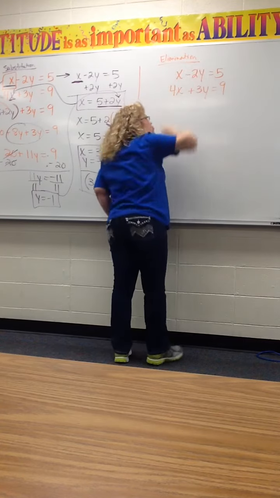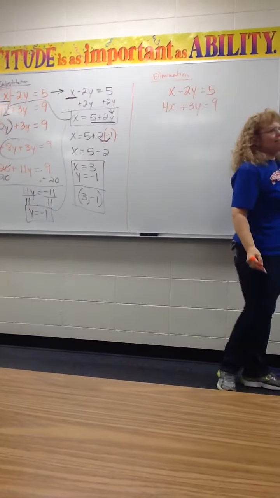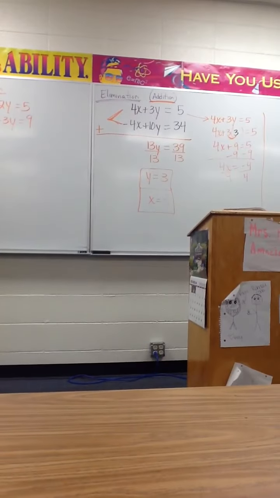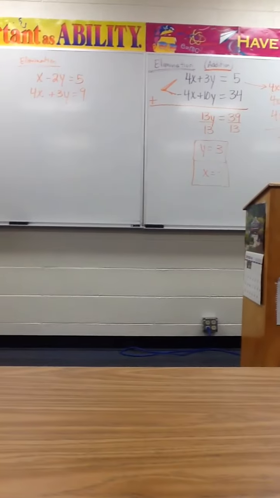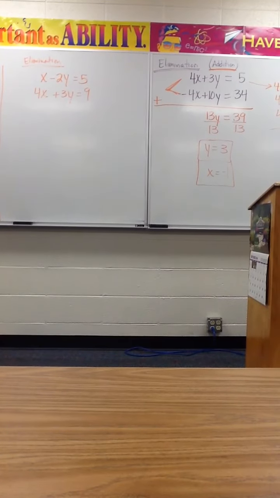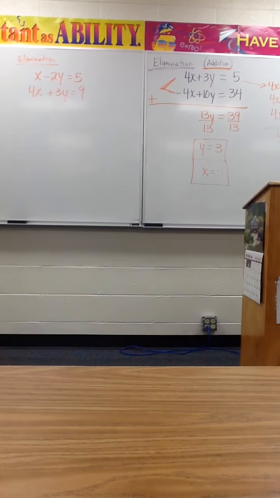You can only do elimination if you have opposites. So how am I going to solve that one by elimination? I don't have opposites. I don't have opposites, Travis. I multiply it by 4. Multiply what? Everything on top.